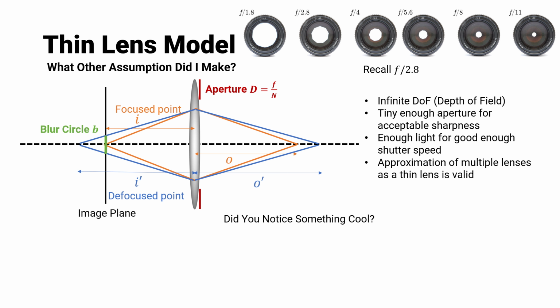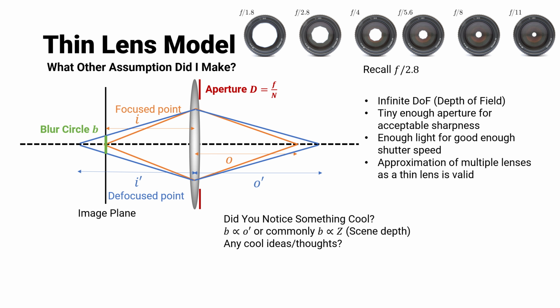Did you notice something really cool about this stuff? The blur circle B is actually proportional to the scene depth, which is super cool, right? Can you come up with some amazing ideas to utilize this in robotics? Remember, this is embodied intelligence, so we have to really think about how this will be used when it's placed on an agent, not separately on its own.